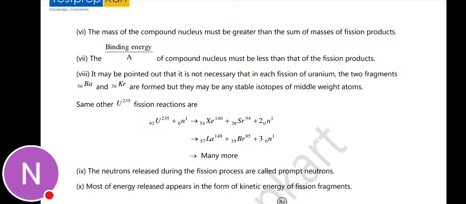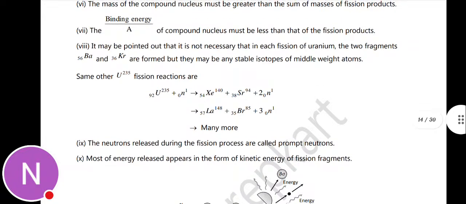They may be formed sometimes, but there may be any stable isotopes of middleweight atoms.